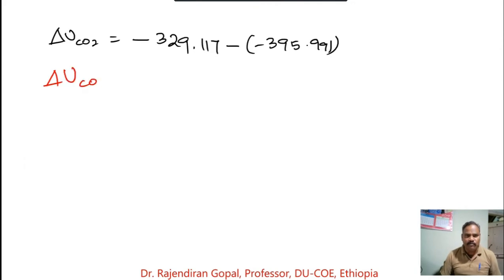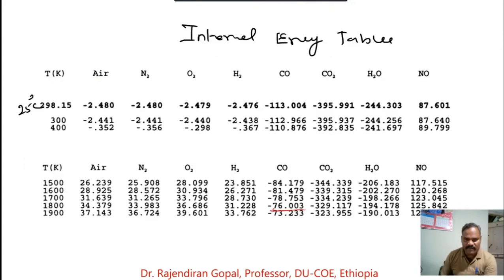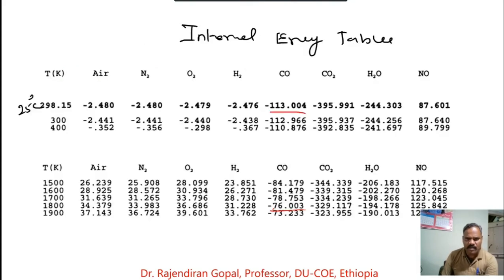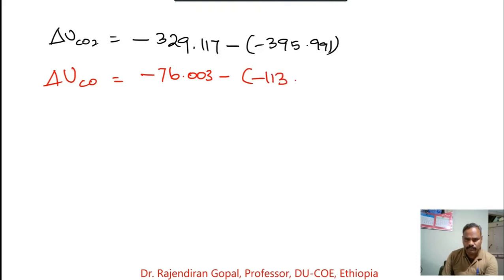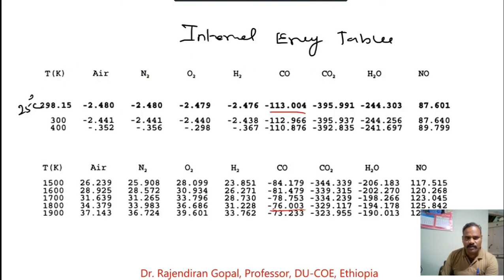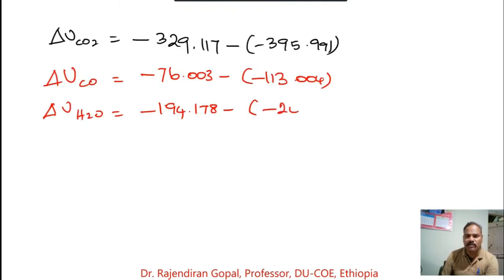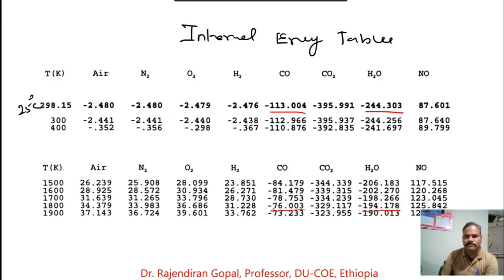Delta U of CO is equal to minus 76.003 minus 113.004. Delta U of H2O is equal to minus 194.178 minus of minus 244.303.